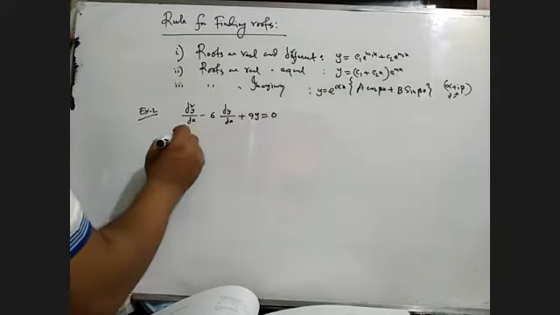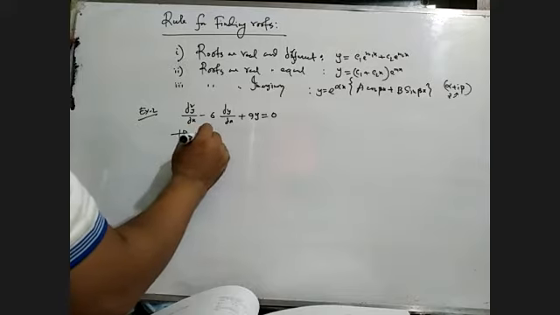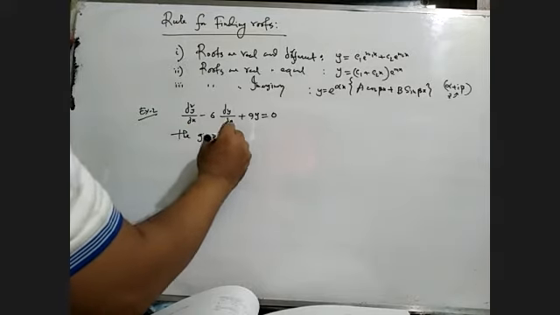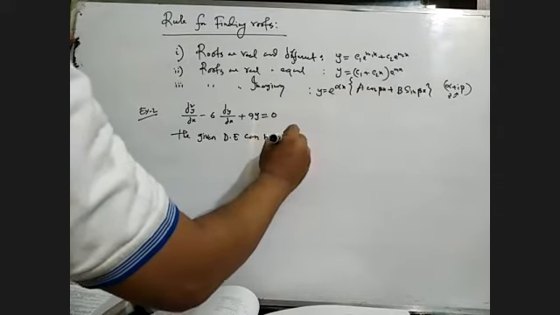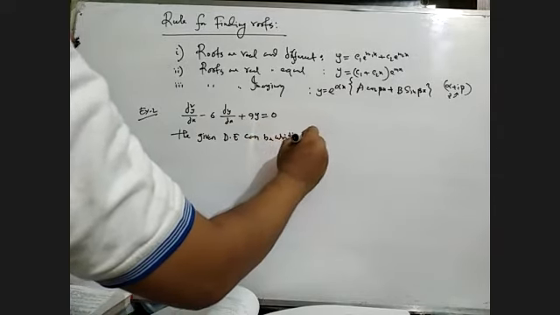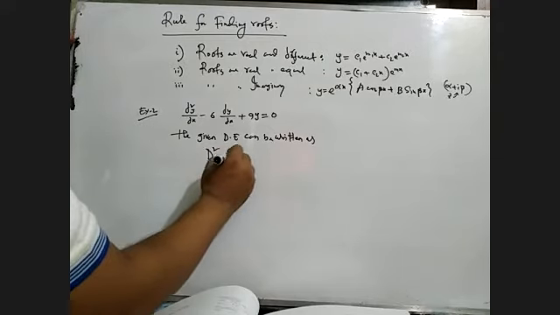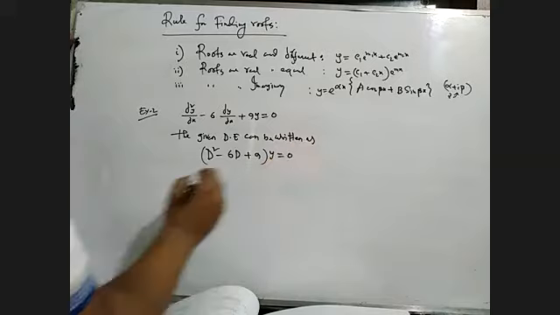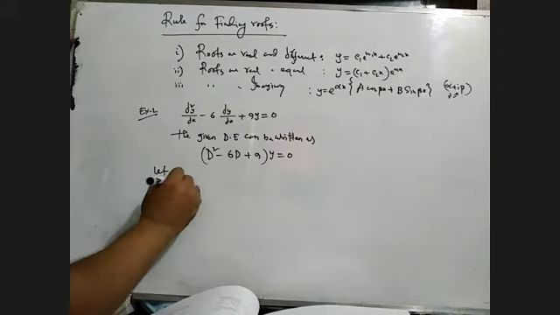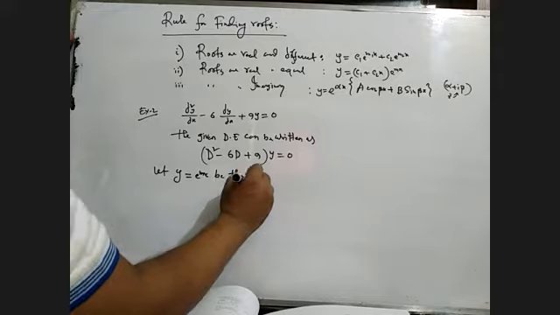Now the given differential equation can be written as (D square minus 6D plus 9) into y equals 0. Let y equals e to the power mx be the trial solution.